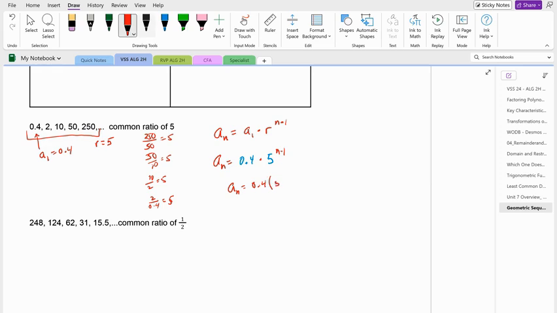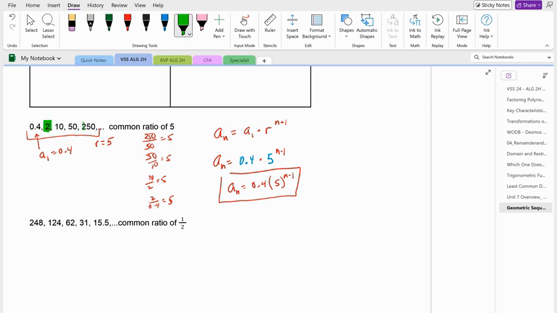So that is then the nth term. This is the formula that you can use, and some people put parentheses around the r value just to make it clear that this is multiplication between the 0.4 and the exponent only applies to the ratio 5. But this is your formula.